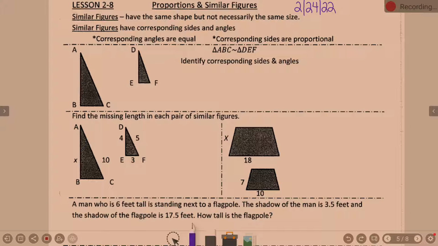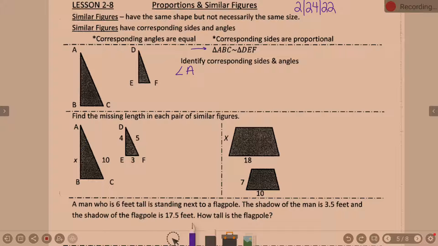Right here, we have the statement triangle ABC, and then that little mark means similar to, triangle ABC is similar to triangle DEF, and identifying corresponding sides and angles. So, for instance, if I mention angle A in the big triangle, it corresponds with angle what in the small triangle?